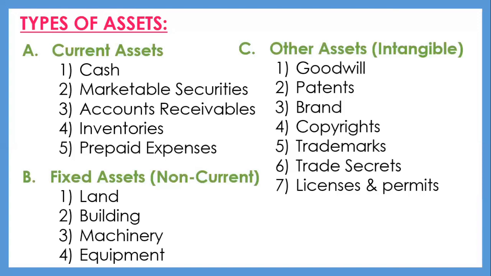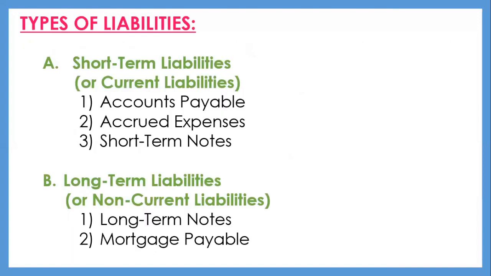And aside from assets, we also have different types of liabilities. For the first type of liability, we have short-term liabilities, also known as current liabilities. And second, we have long-term liabilities, also known as non-current liabilities. Short-term or current liabilities are the types of liabilities that are payable within 6 months to 1 year.